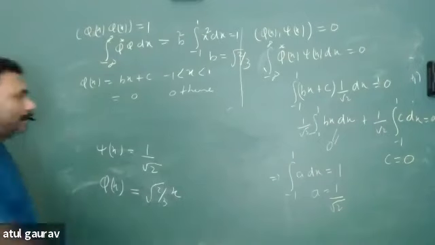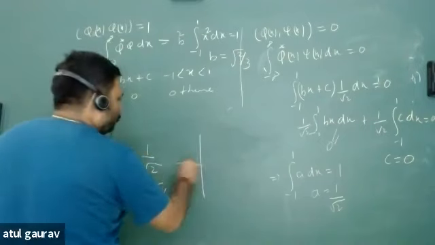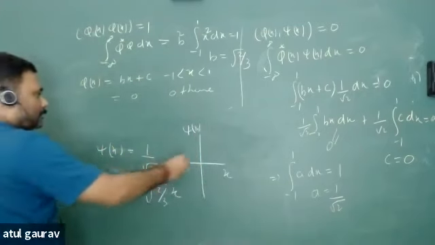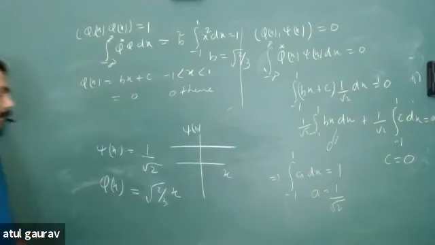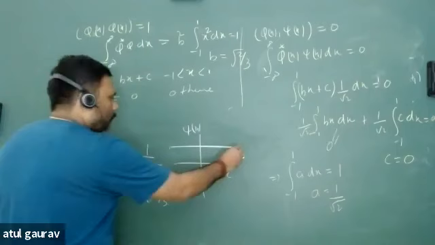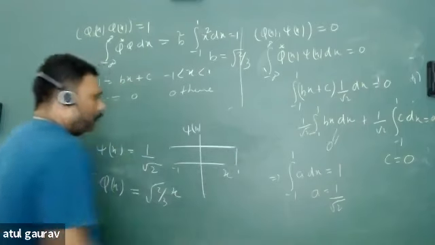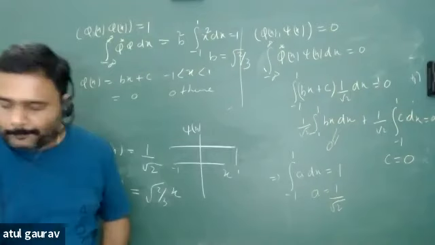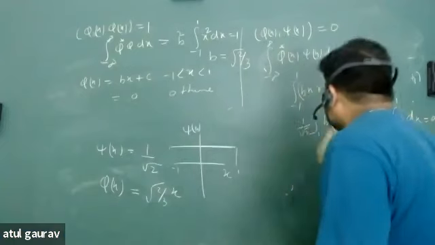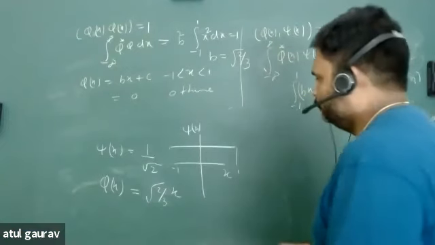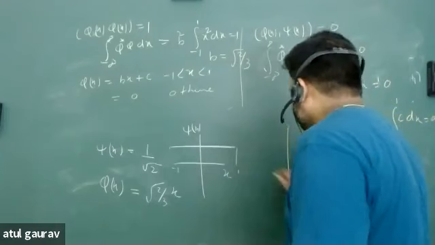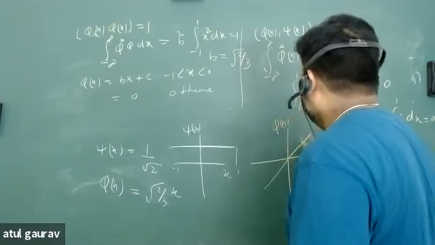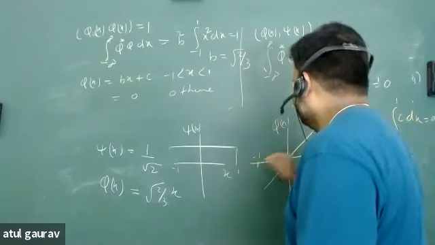Now you can see these two functions. Suppose I am plotting psi x versus x, then psi x is a straight line between -1 to +1, otherwise it is 0. And phi x is a straight line passing through the origin, also from -1 to +1.